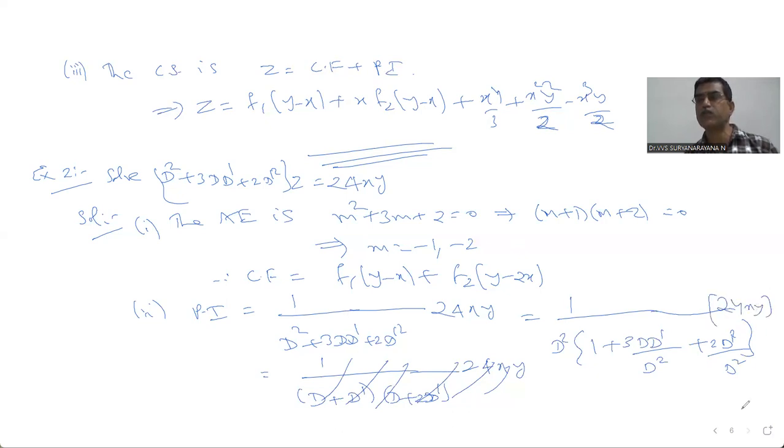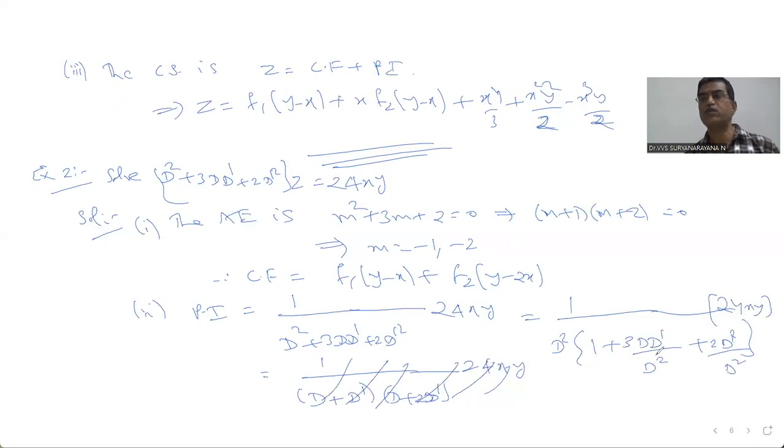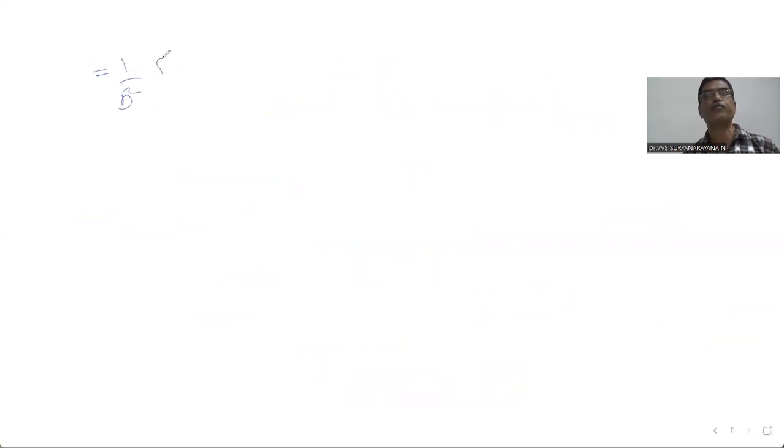Okay. So keep this d square in the denominator and send this binomial, 1 plus 3d d dash by d square plus 2d dash square by d square, to the numerator with power minus 1, and then apply on 24xy.